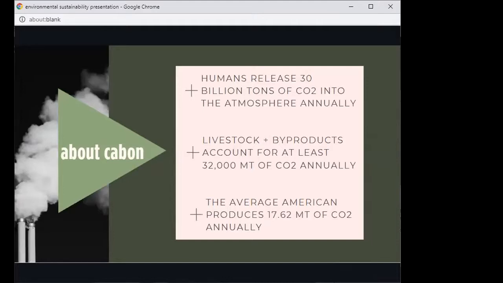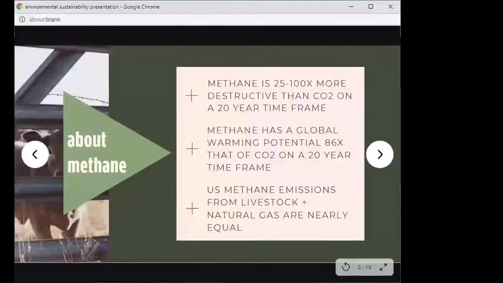So as a group, you can see that we humans produce a lot of it annually, and specifically when we're looking at individual places that do release a lot of carbon, we are going to mention animal agriculture. Speaking of animal agriculture, talking about methane.